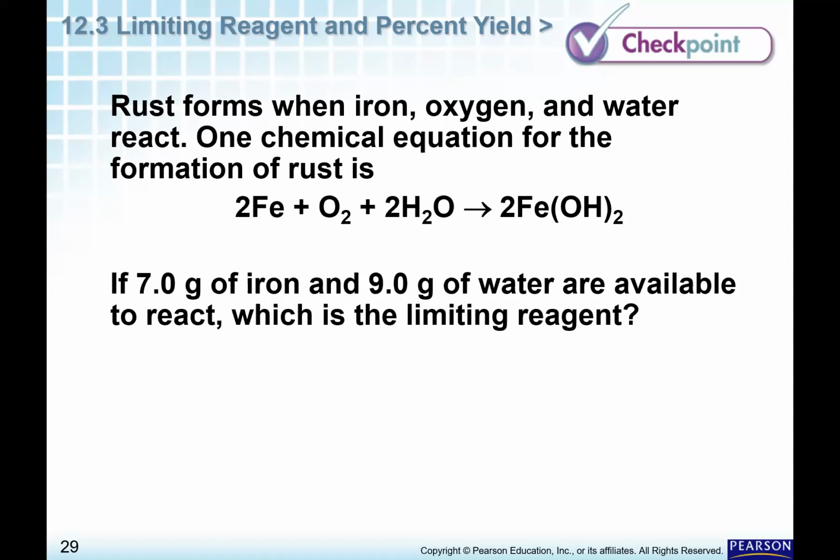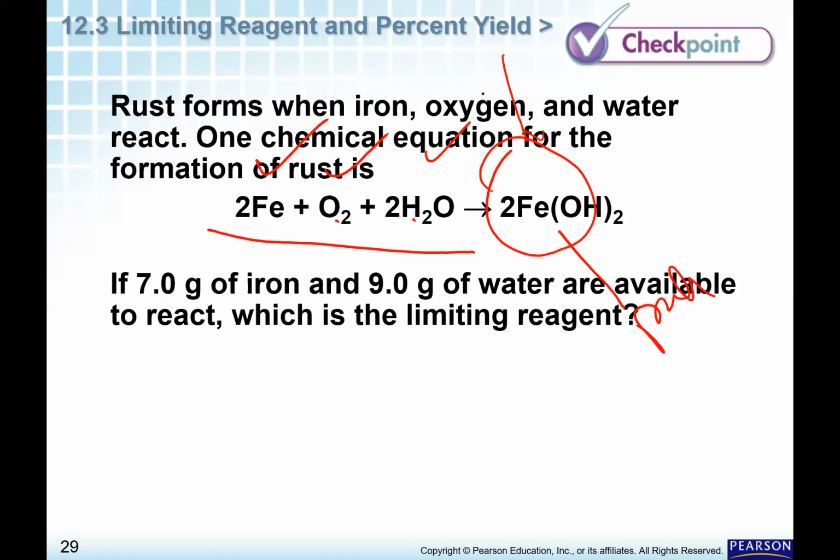So if we have something similar to what you see in front of you here, where we have iron, oxygen, and water, and we want to calculate how many grams of iron hydroxide is produced, before we do that, we have to know which one of these will be consumed first, because that is the one that we will use in order to calculate the amount of the product.